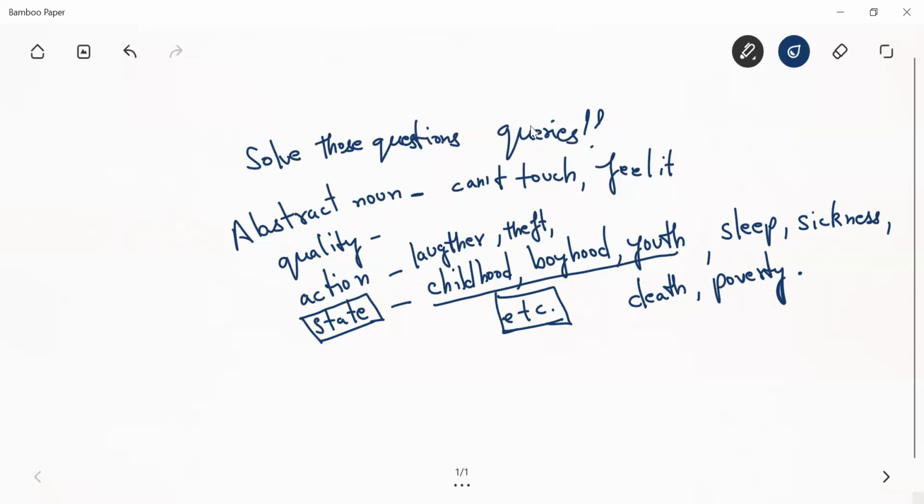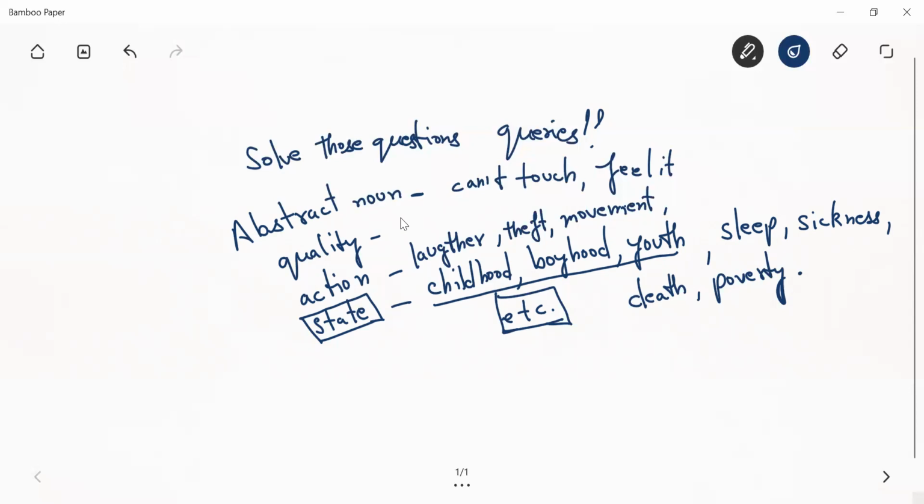That is theft. Movement is also an action, because you are doing something, moving from one place to another.